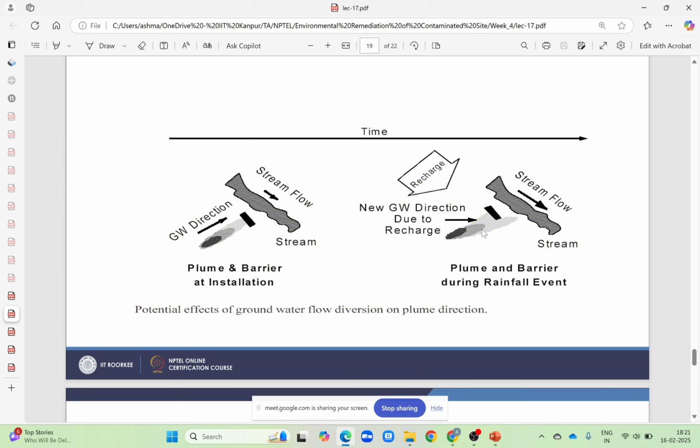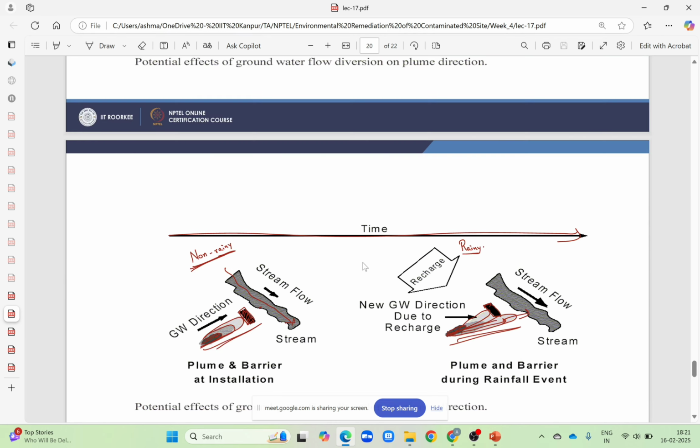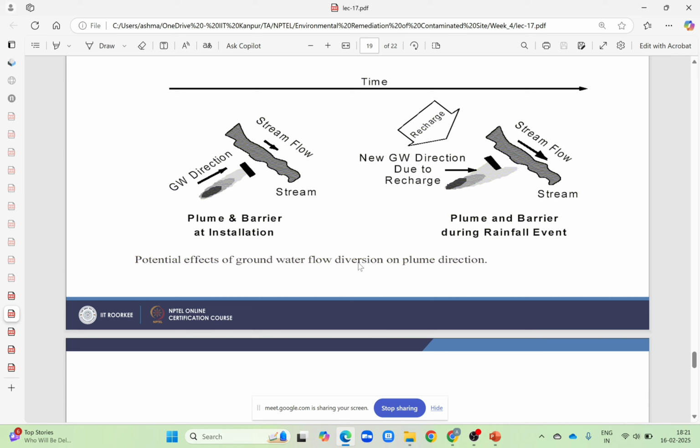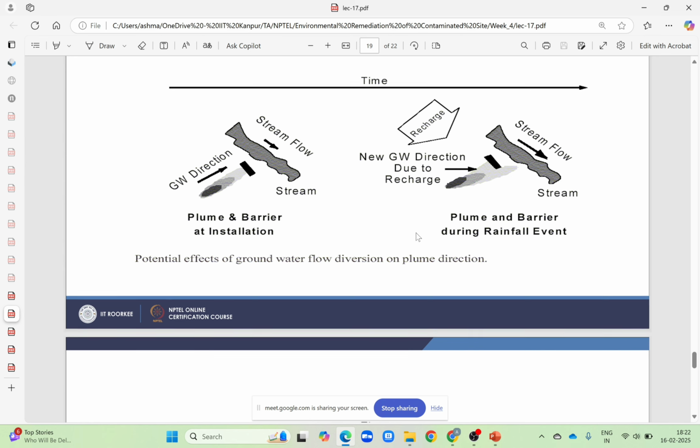But suppose there is rainfall and due to that the flow of the groundwater deviates, and the whole of the water is not passing through the PRB. So we can see the increase in concentration of the pollutant in the treated water. So proper details of the aquifer are very, very important for properly treating the water.